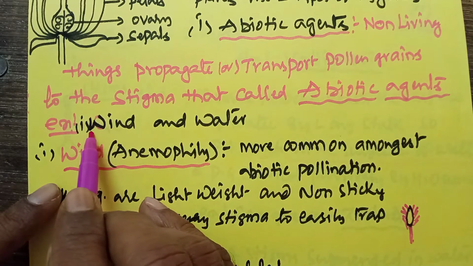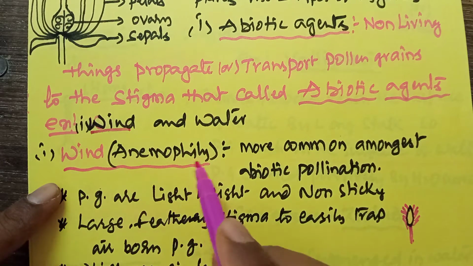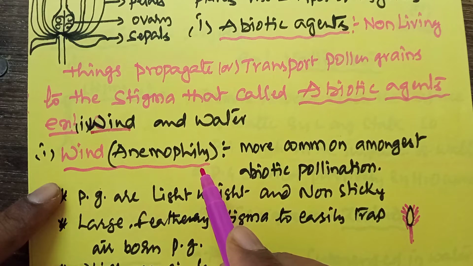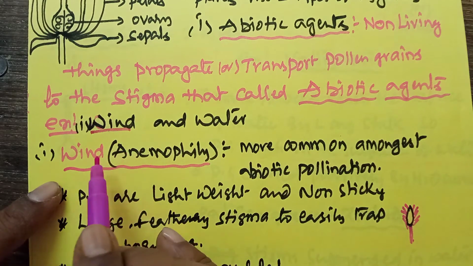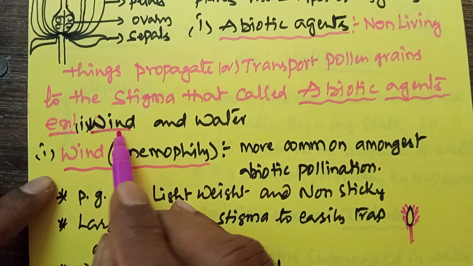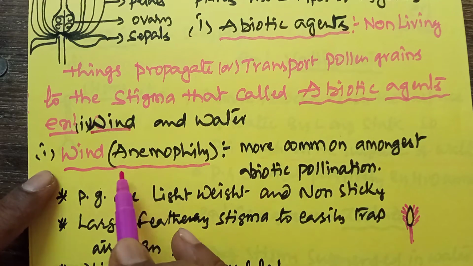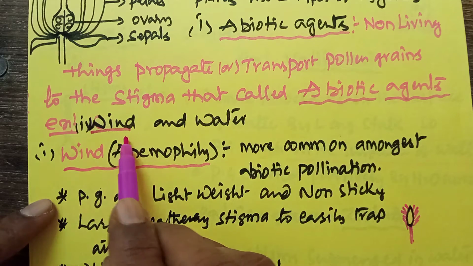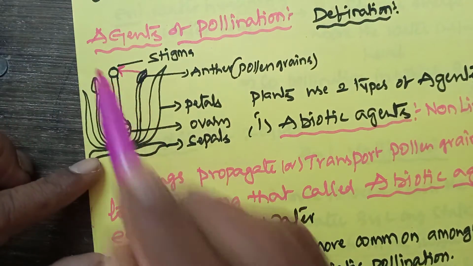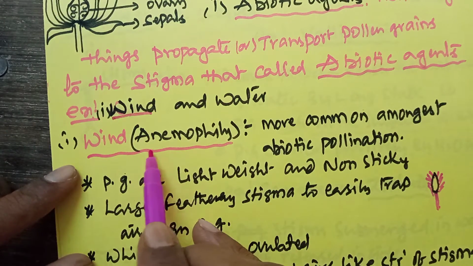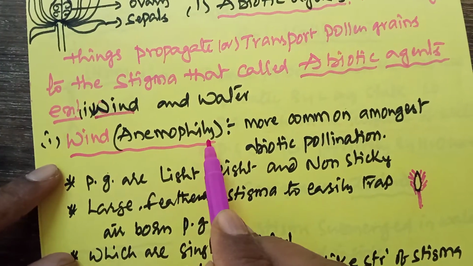First of all, how do these participate in the pollination process? Wind is a very important agent for transport of pollen grains to the stigma. When wind participates in transportation of pollen grains to the stigma, that pollination is called Anemophily.